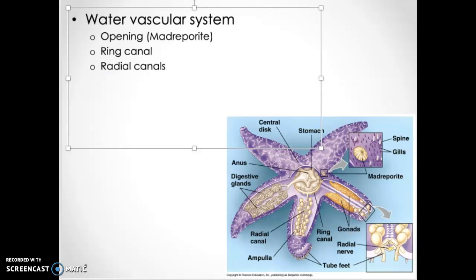Typically, there are 5 of these radial canals. We do see exceptions to the rule, but generally 5 radial canals come off of the ring. The radial canals then extend out, and sticking off of the radial canals are these little things called ampullae.